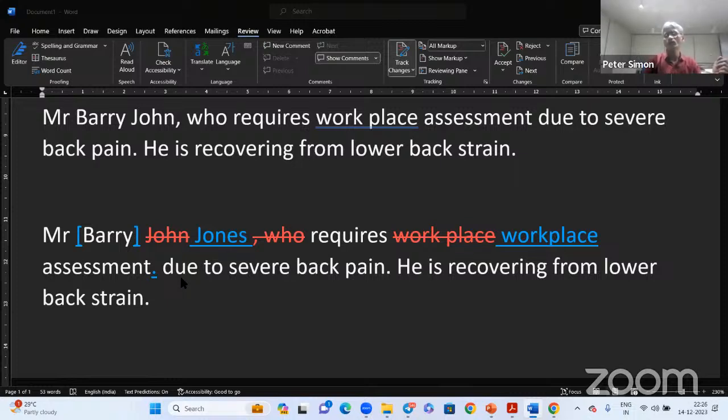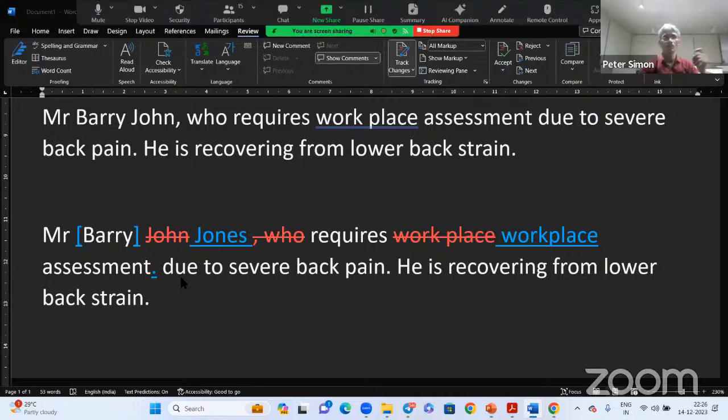Then if he cannot work, how can he take workplace assessment? Workplace assessment will be done to prove that you are fit. But you are saying due to severe back pain. That means he has severe back pain. So it is wrong. Okay.